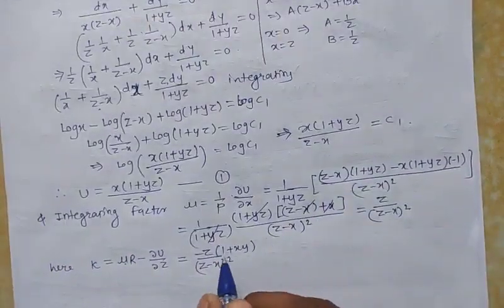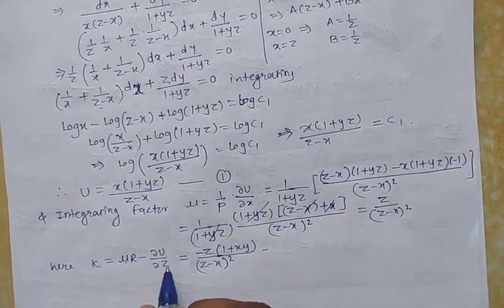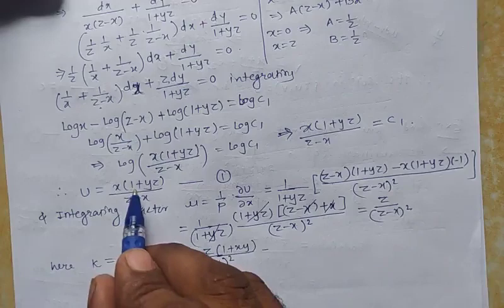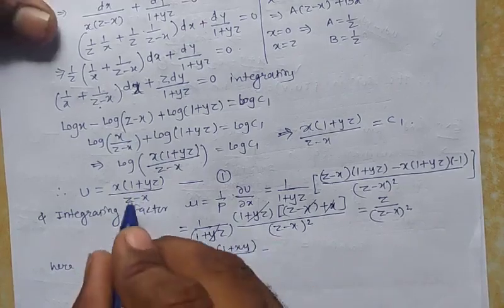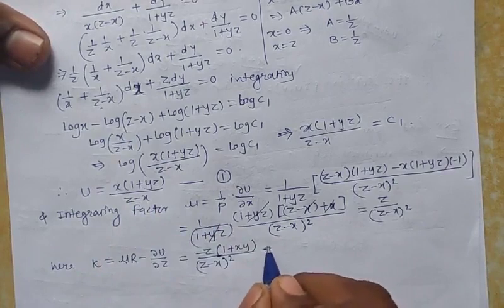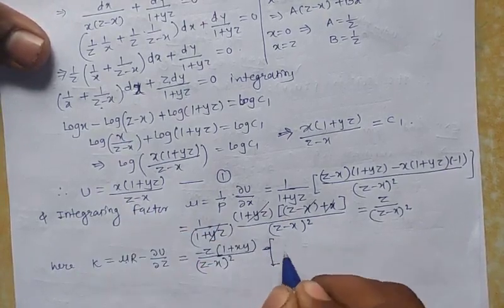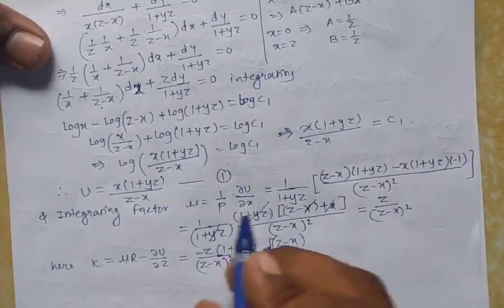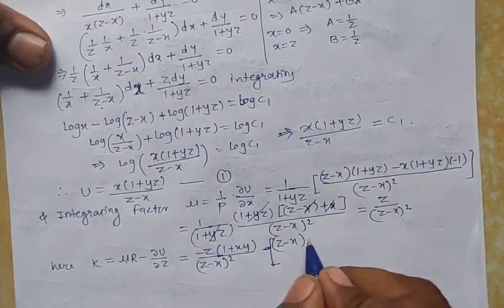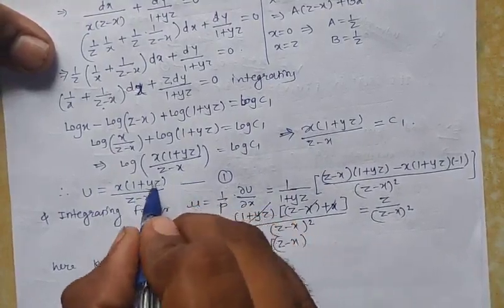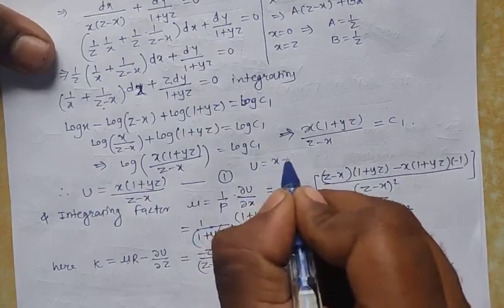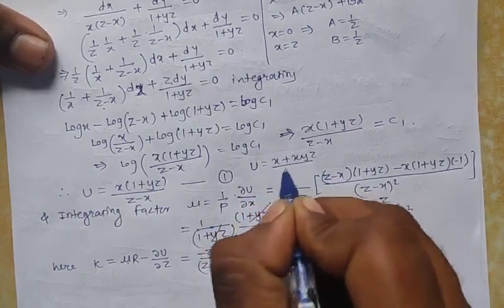And here minus du by dz. So what is the value of u? u is x into 1 plus yz divided by z minus x. So we will use the u by v rule. Here the value of u is x plus xyz upon z minus x.